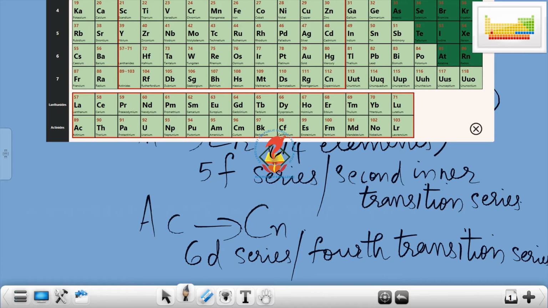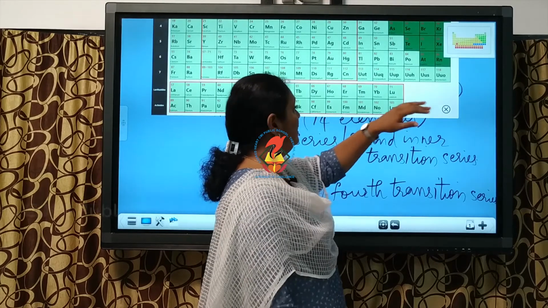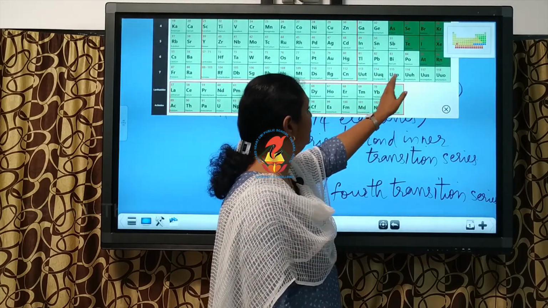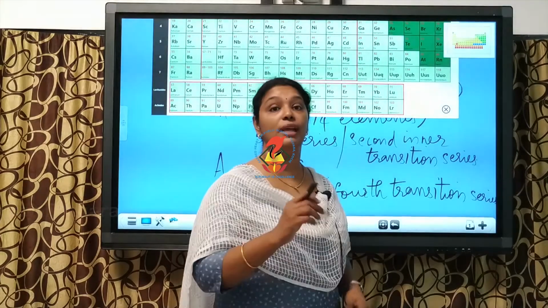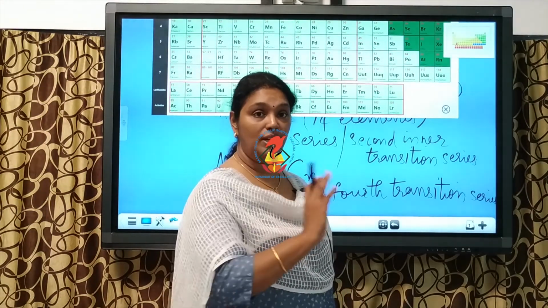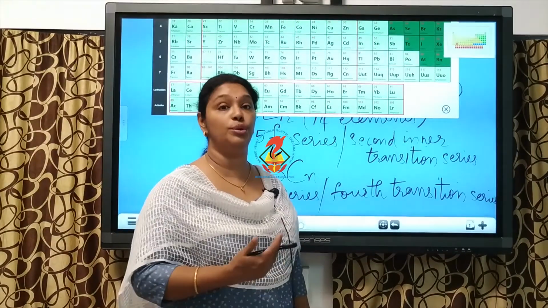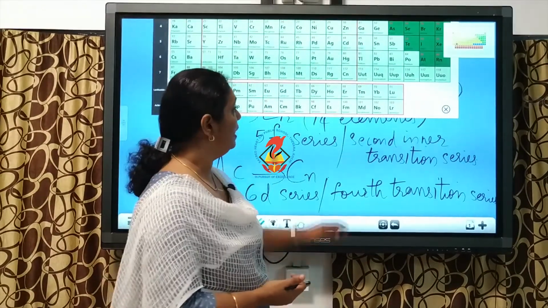Now after copernicium we have the 7p orbital getting filled, and you can see the symbol of the element written as Uut, Uuq, Uup, etc. There is no name given to these elements. So that you will learn in the next video, what is this Uut, Uuq and all. Okay. So we have 6 elements.